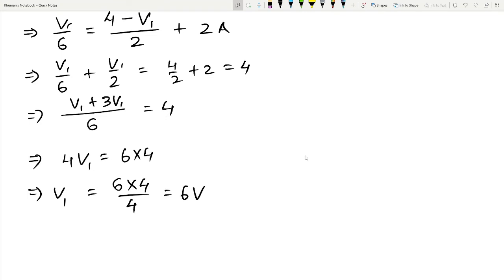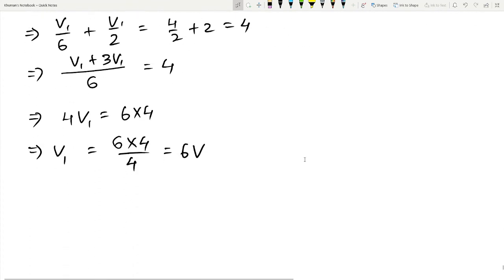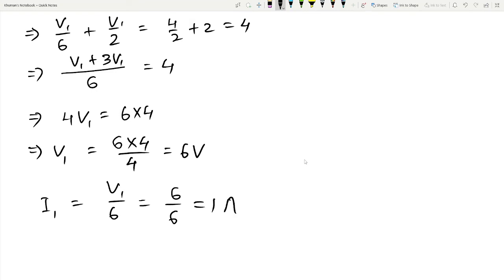Okay, now we find the value of V1 as 6 volt, and we already know that I1 is the current we need to find out. Okay, so I1 is V1 by 6, so 6 by 6 equal to 1 ampere. Okay, so the value of I1 is found out as 1 ampere.